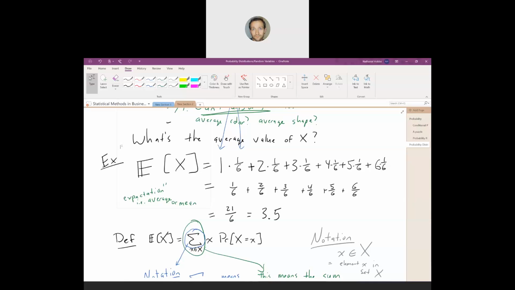I guess it's not a matter of what number you get, it's more just a sum of the expected values. So it just happens to be 3.5, which is in between two of the values.